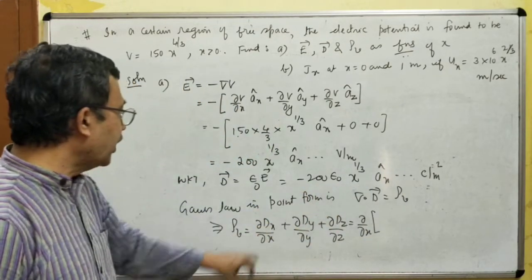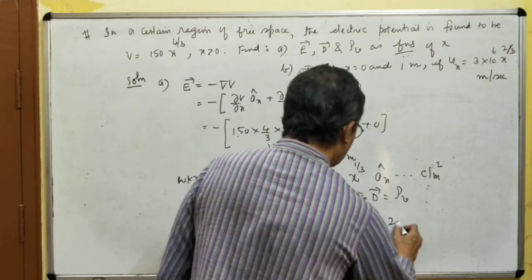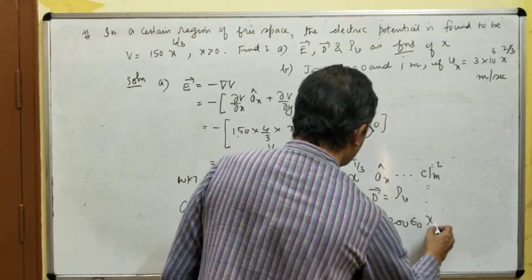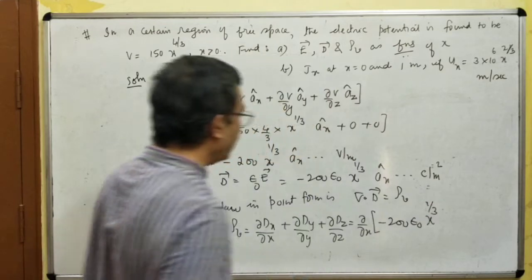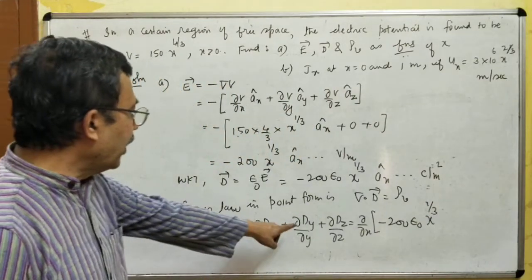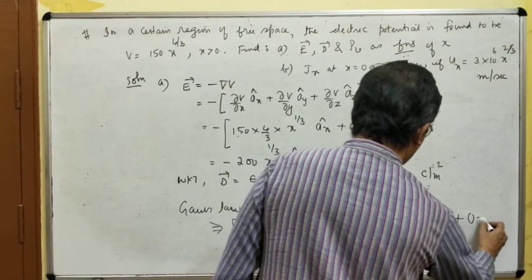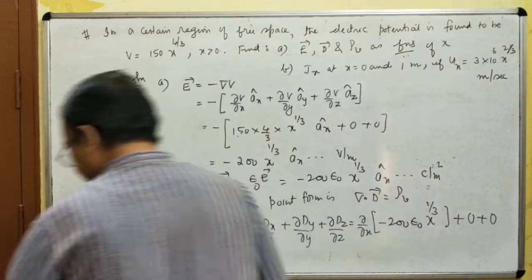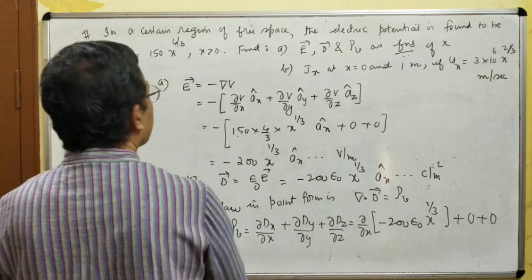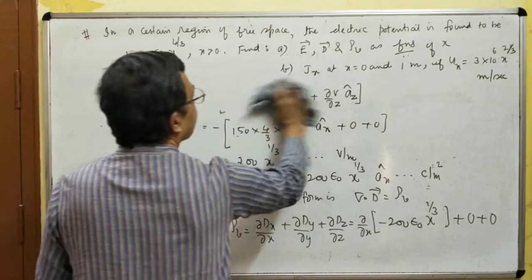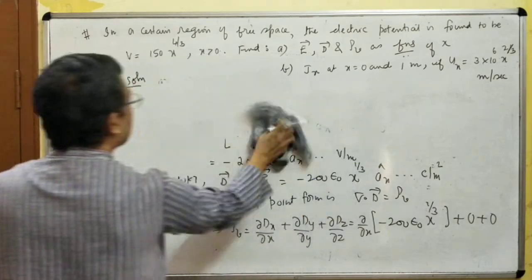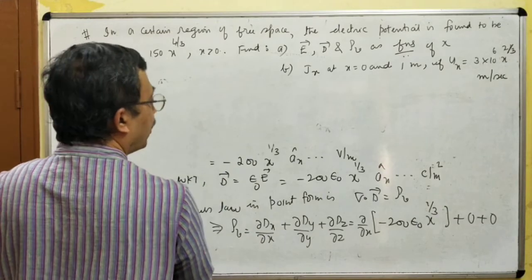Dx. So it is minus 200 epsilon naught x to the power 1 by 3. Dy is 0, Dz is 0, therefore the other two contributions are 0.